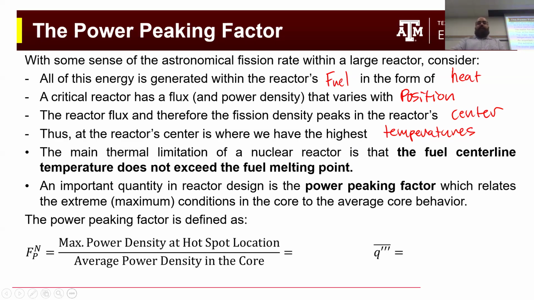The power peaking factor, just by definition, is a ratio of the maximum power density that you could have in your reactor divided by the average power density in the core of the reactor. So for the maximum power density, we're going to say Q triple prime max. And for the average power density, we're going to say Q triple prime with a little overbar.